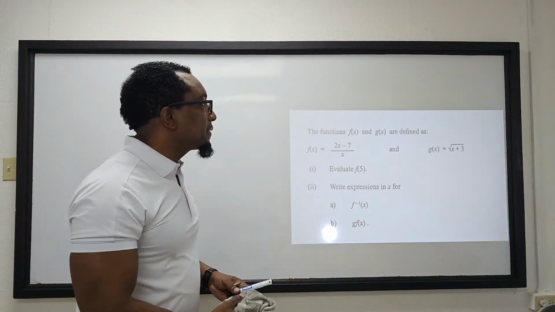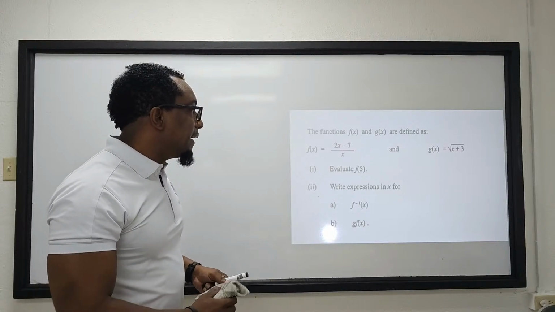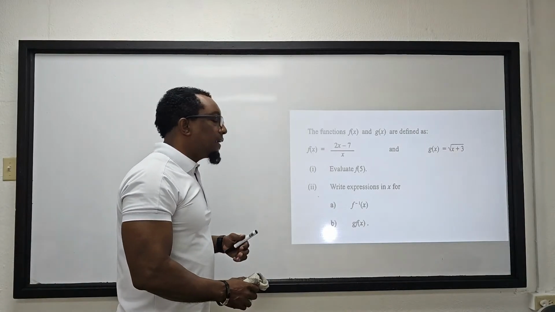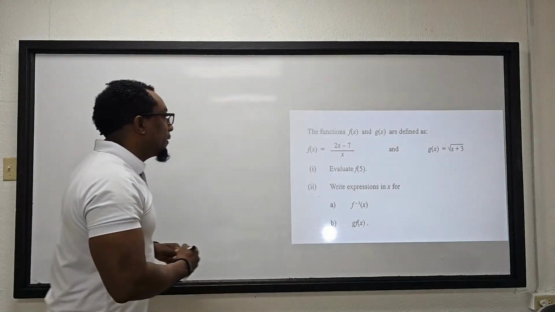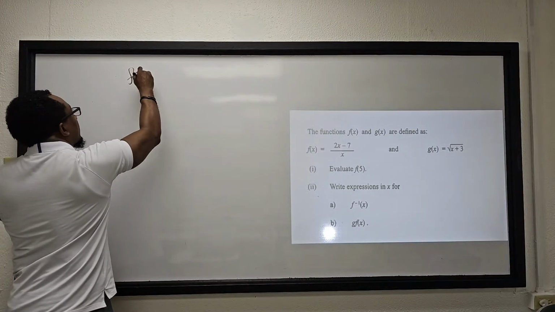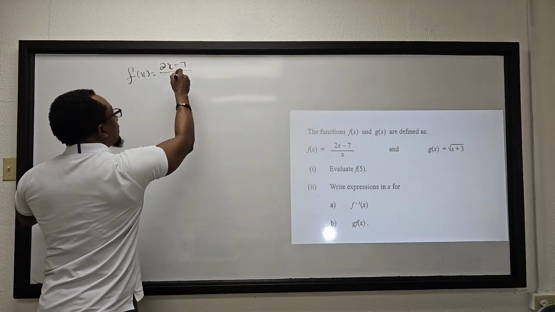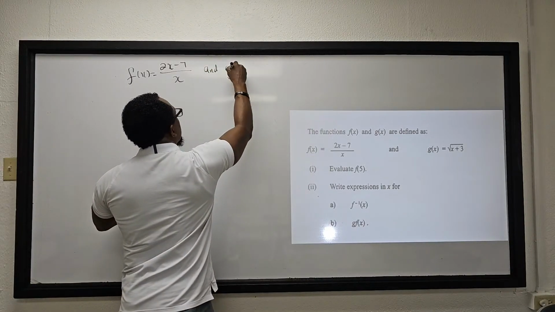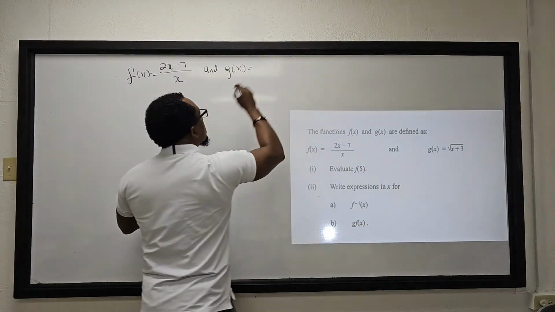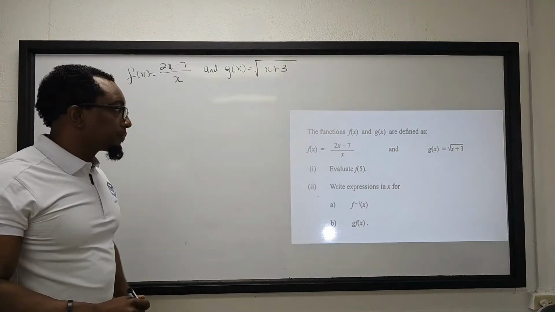The functions f of x and g of x are defined as follows. Let's find f of 5, f inverse of x, and of course g f of x. So let's treat 1. f of x is equal to 2x minus 7 over x, and g of x is equal to the square root of x plus 3.